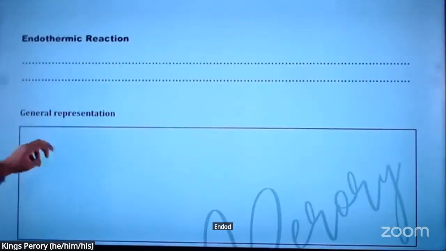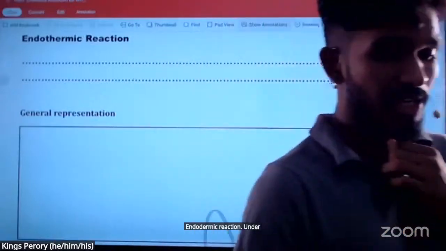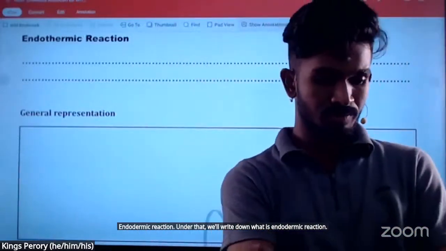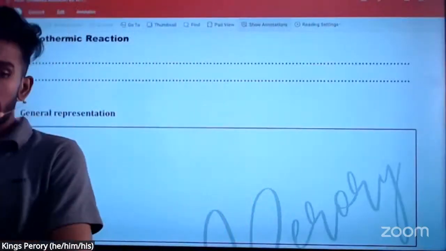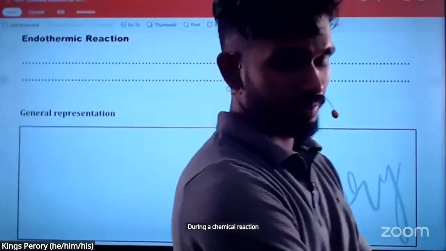Endothermic reaction. Under that, we'll write down what is an endothermic reaction.